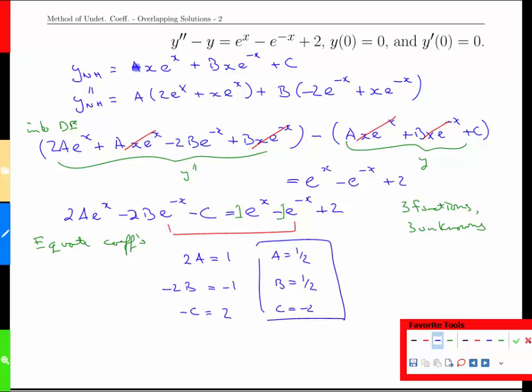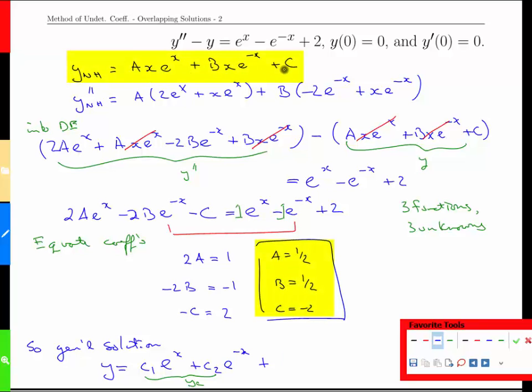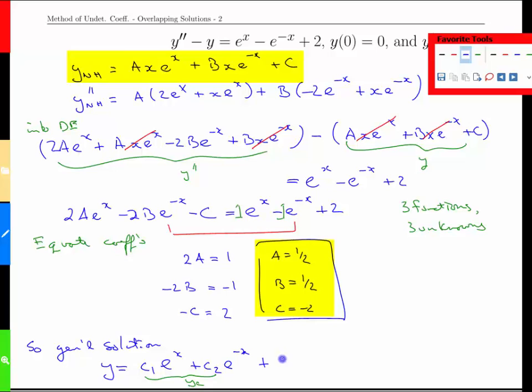A, b, and c, those are the 3 undetermined coefficients in our non-homogeneous solution. So we can write down our general solution right now as y equals, from the first page, c1 e to the x plus c2 e to the negative x, okay, that was our complementary yc solution, plus what we just found, a, b, and c in these terms, 1/2 x e to the x plus another half x e to the negative x minus 2.